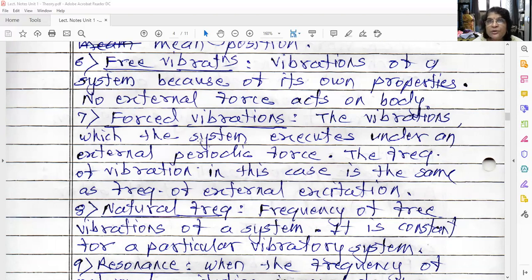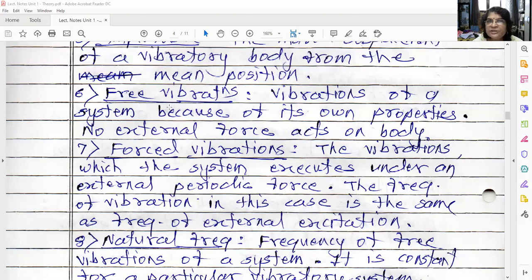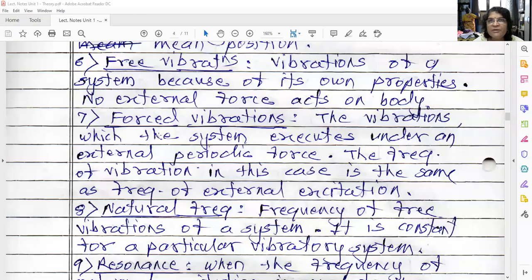Okay, so the systems which are having forced vibration will always vibrate with the external excitation frequency, that is omega. And the systems which are vibrating freely, that is free vibrations, vibrate with the natural frequency omega n. So here free vibration is related to omega n, and forced vibration is related to omega.